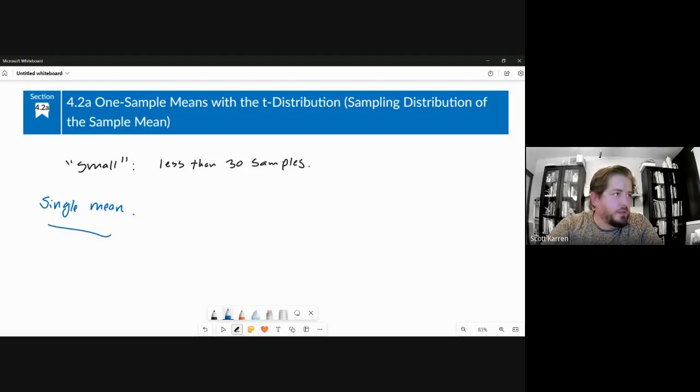So for a single mean, the standard error, SE, is going to be equal to sigma, which you should know is the standard deviation of the population, over the square root of n. Right? But again, typically, we don't know this.